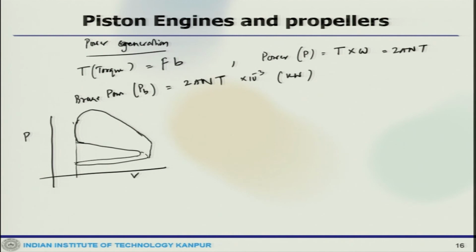So, this is bottom dead center, top dead center, this is exhaust, this is intake. So, what happens? Let us say this is area A, this is B, and this is C.